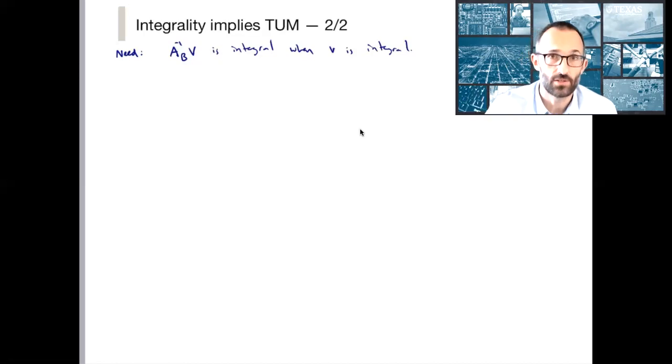I need to find an integral extreme point that is an integral translation away from this vector AB inverse V, which I'm trying to show is itself integral.